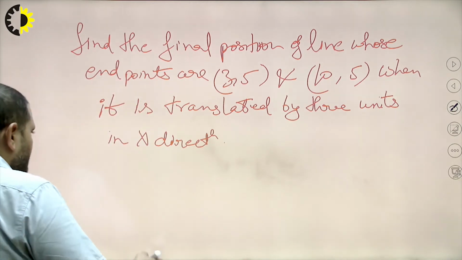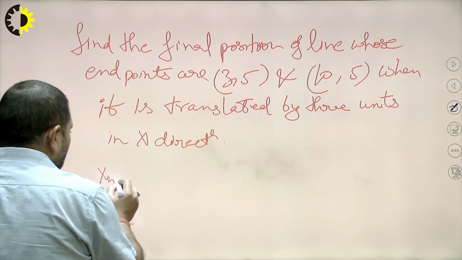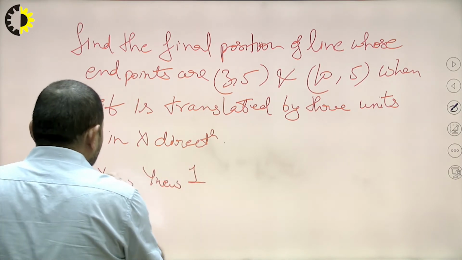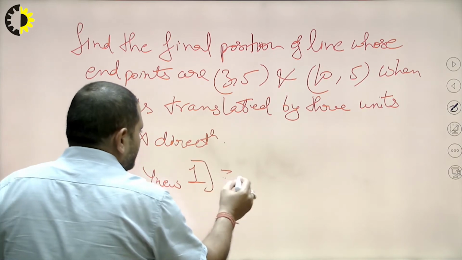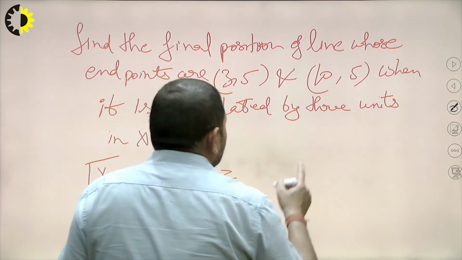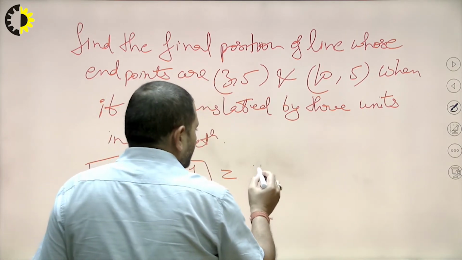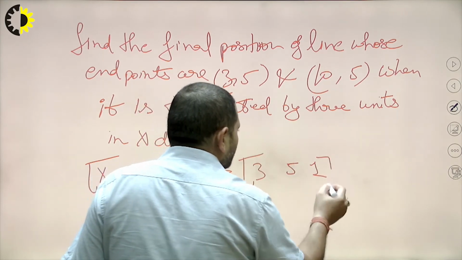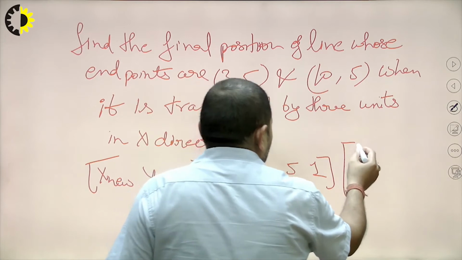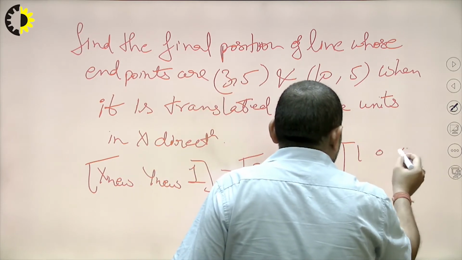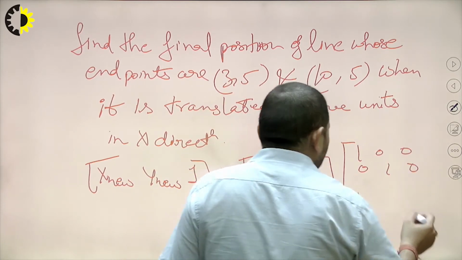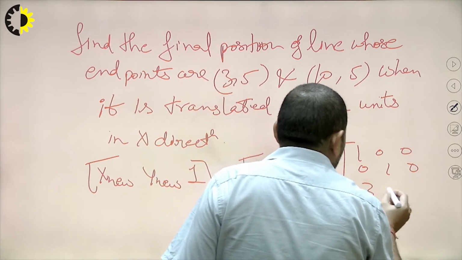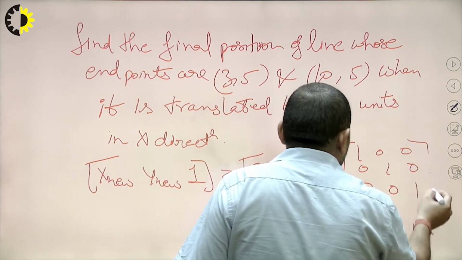For translation, x new, y new, 1 equals the first coordinate 3 5 1 into the matrix 1 0 0, 0 1 0, with tx given as 3 units, 3 0 1.